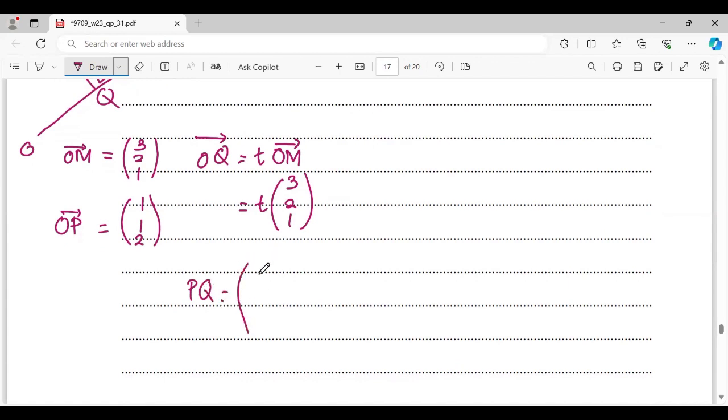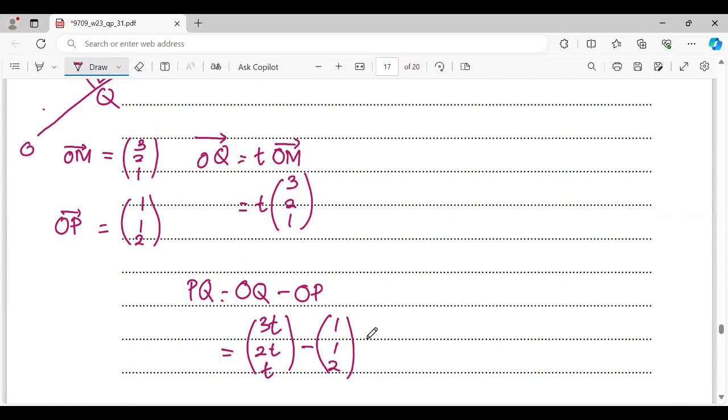PQ is OQ minus OP. It is 3t, 2t, and t minus 1, 1, 2.